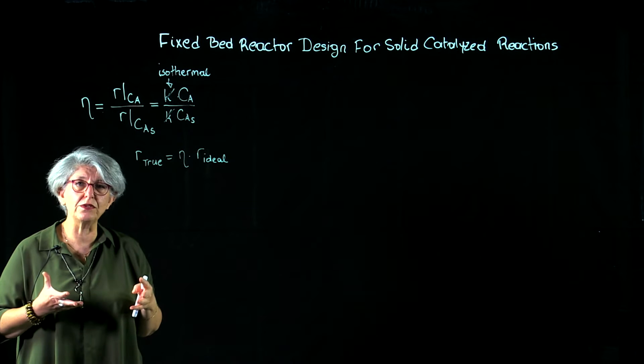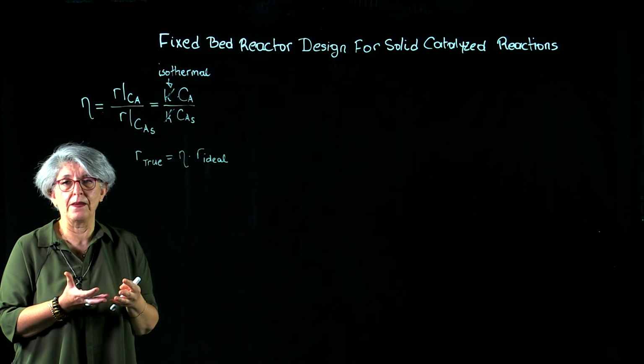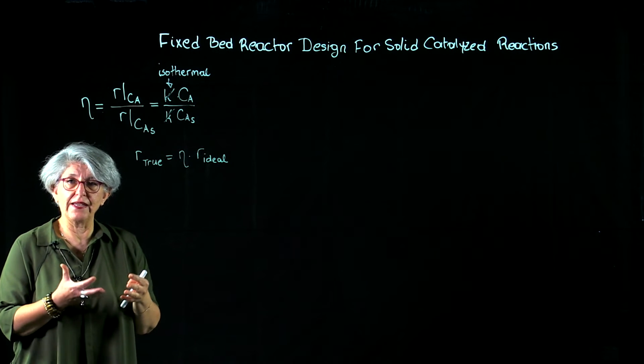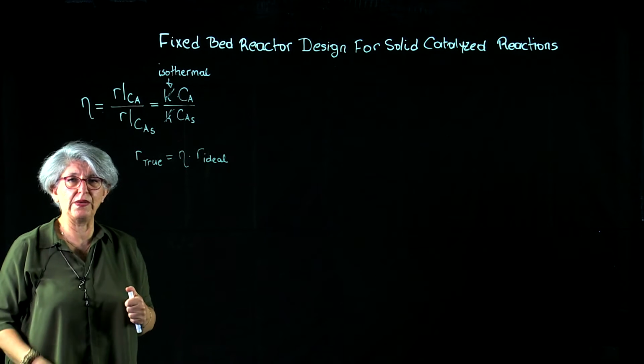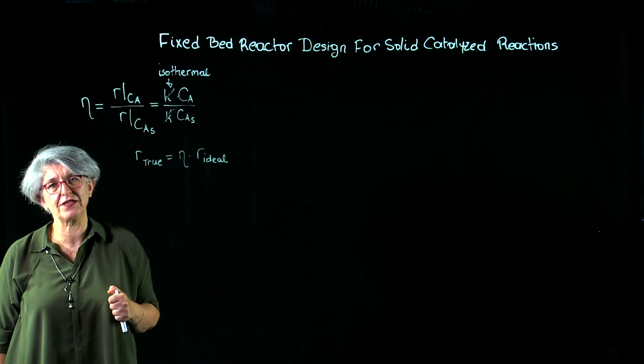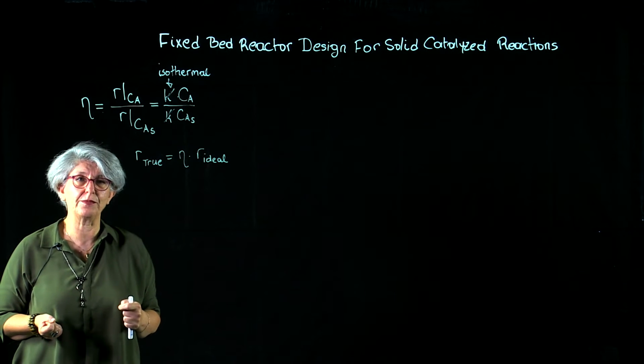Now, if you know the behavior of your reaction within your catalyst pellet, then you can determine the effectiveness factor by going through the differential equations that describe the physics and chemistry of the problem.